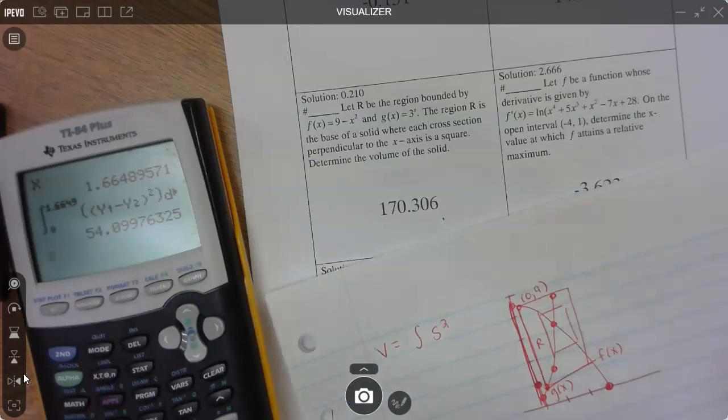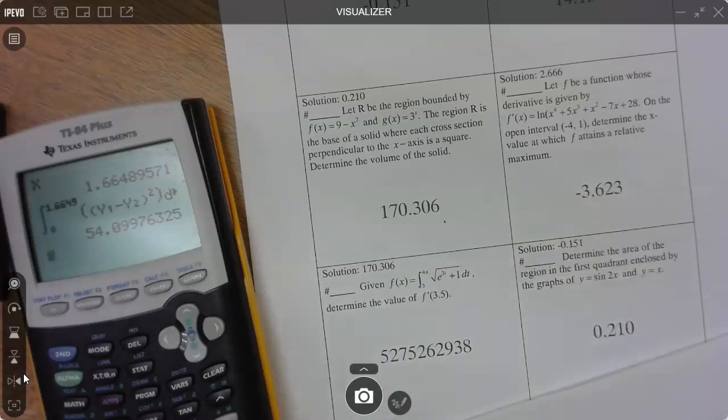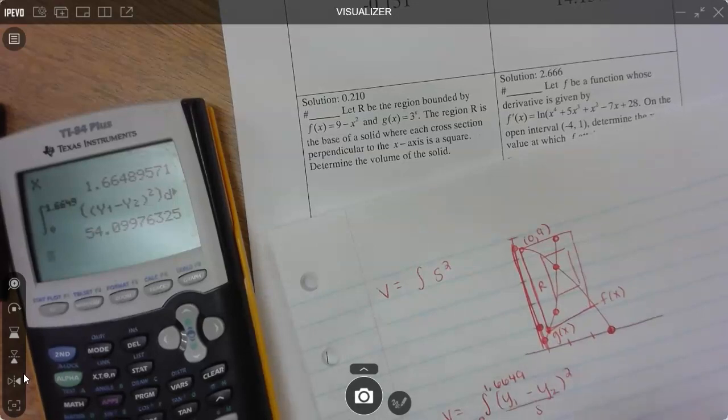Uh-oh. So maybe they have an error. I mean, I don't know how it could be anything else.